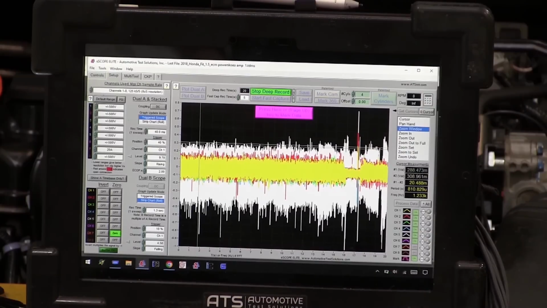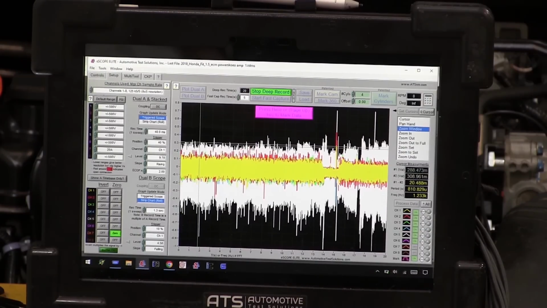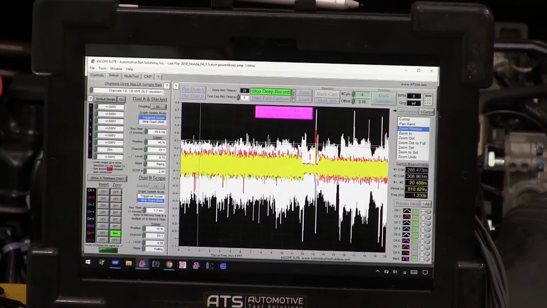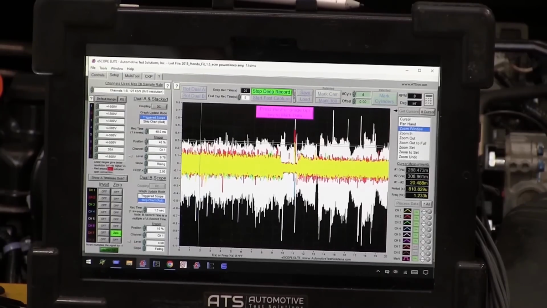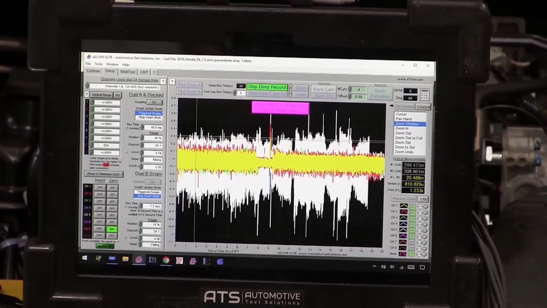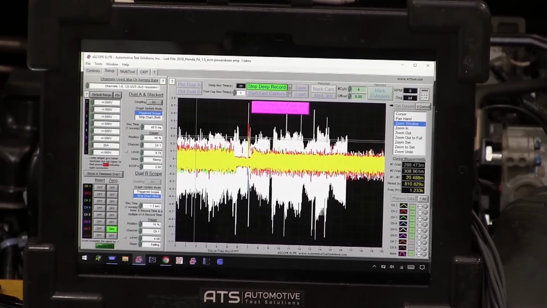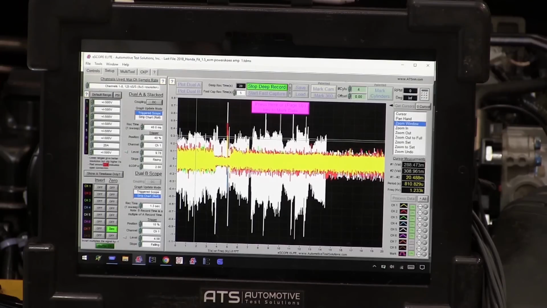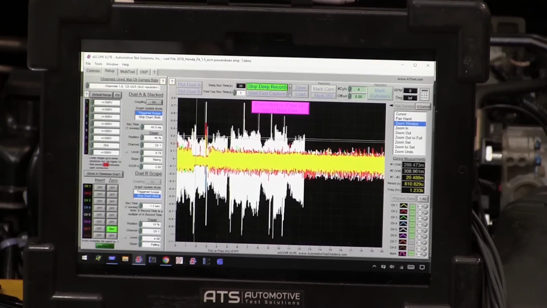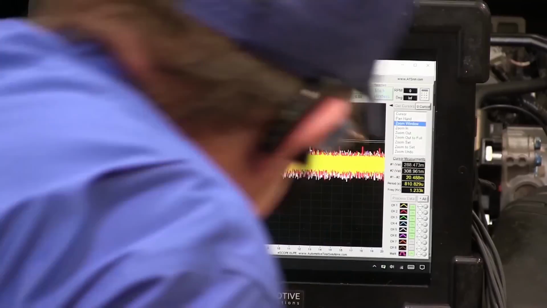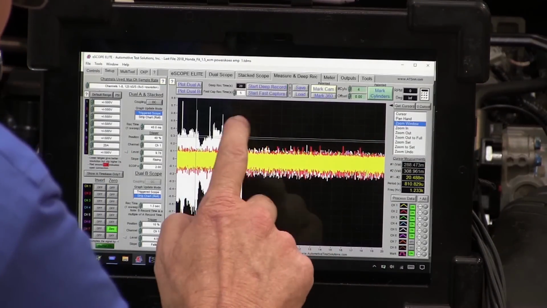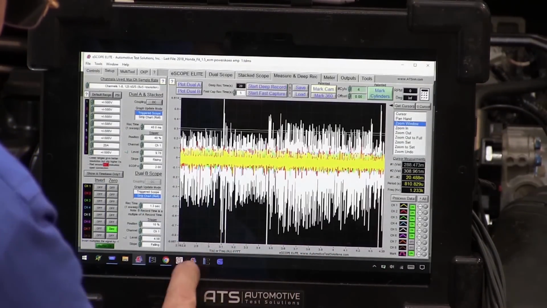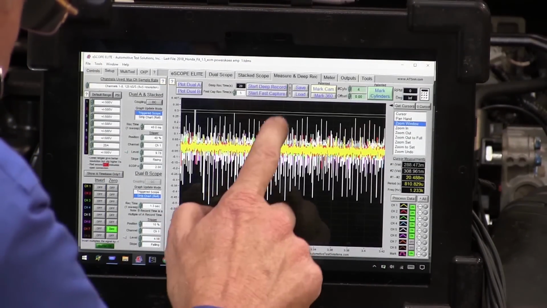So I'm opening the throttle now. So we can see right here when I open that throttle, I got way more spikes on here.